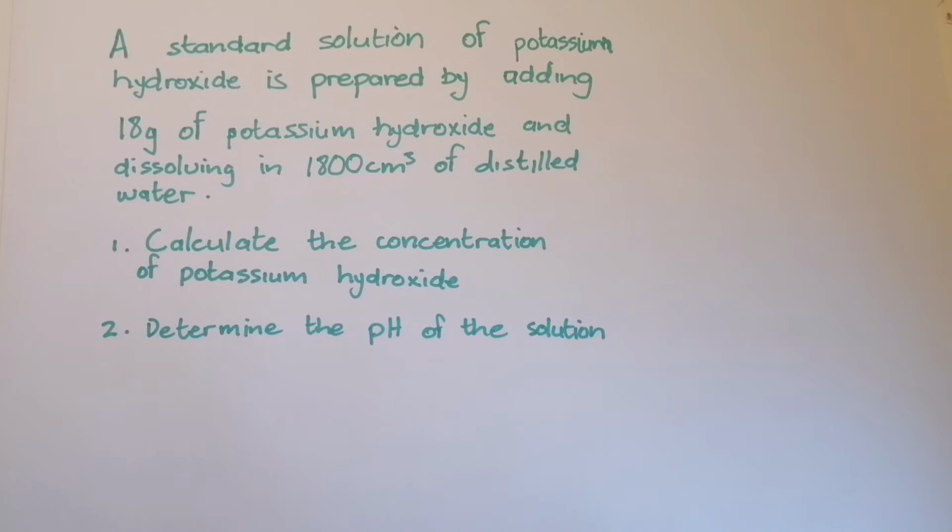So I thought I'd use this example to remind you of a few things. First of all, when we're talking about a standard solution, we mean it's a solution that has a known concentration. So we are preparing a standard solution of potassium hydroxide this time around, and they are using the mass.